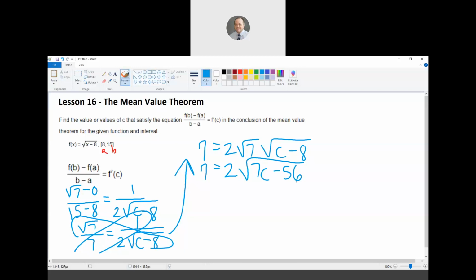Now, to solve the radical part, you do the opposite of taking the square root, which means you square both sides. And yeah, we're squaring that 2 too also. So that gives us 49 equal to 4 times in parentheses 7c minus 56. Now we need to distribute that 4 before we solve for c.